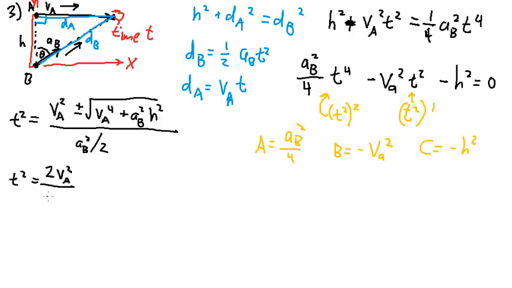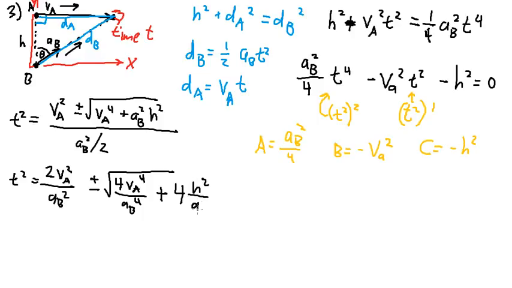So 2 v sub a squared over a sub b squared plus or minus the square root of, and there's just no good answer here, but we can do 4 v sub a to the fourth over a sub b to the fourth plus, so we're just taking this and squaring it and moving it inside and putting it under the square root, and then this becomes a sub b to the fourth on the bottom, and so this is going to be 4 h squared over a sub b squared.